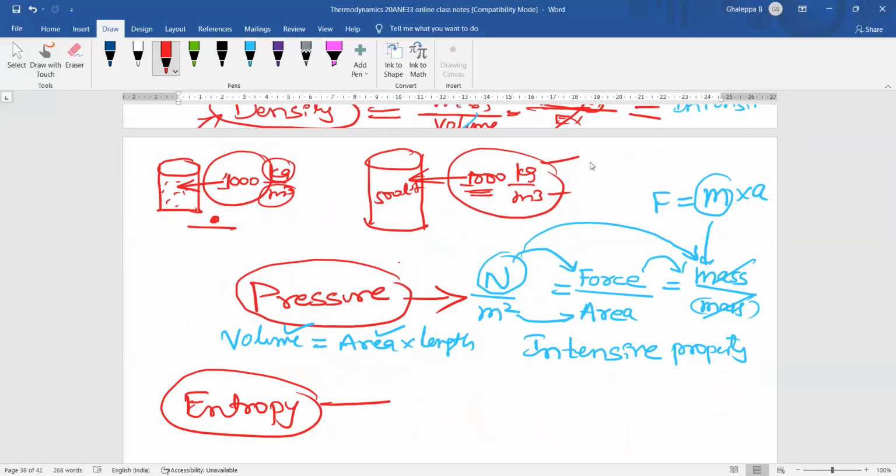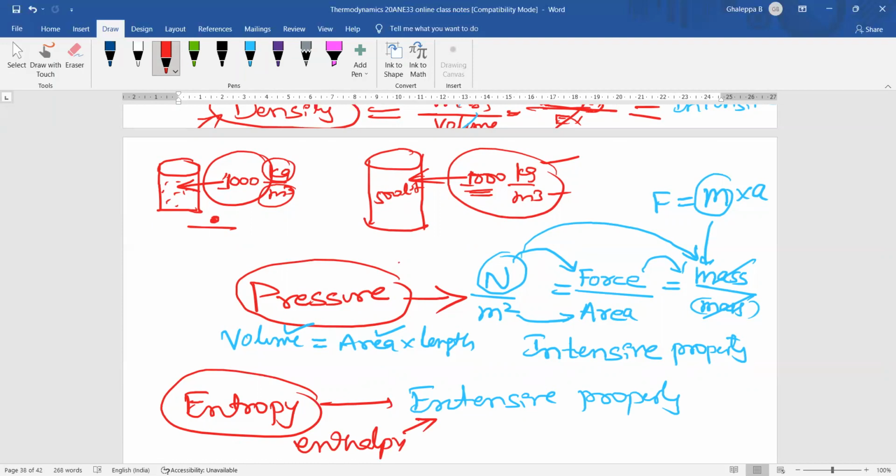If it is specific, it will be intensive. If it is without specific, then it is extensive. Similarly, enthalpy is also an extensive property.